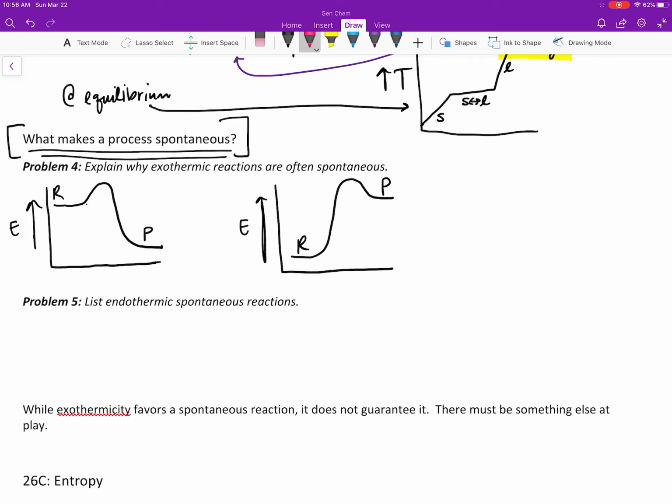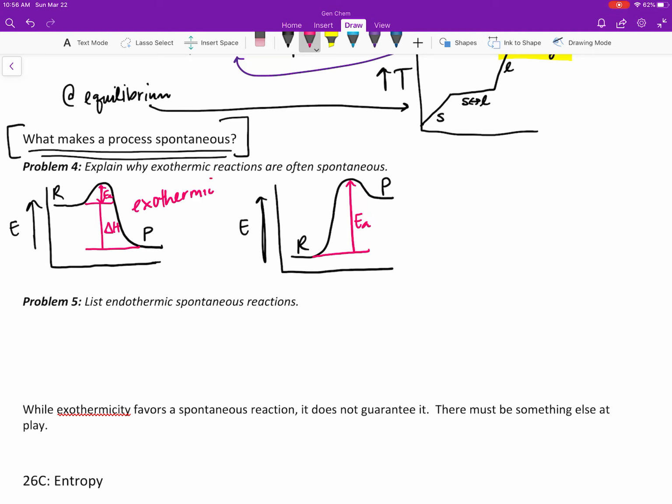And we said that this was the activation energy, EA, and this down here was the enthalpy that was released. And that's what made this an exothermic reaction. And over here, the activation energy was this hill right here, okay?